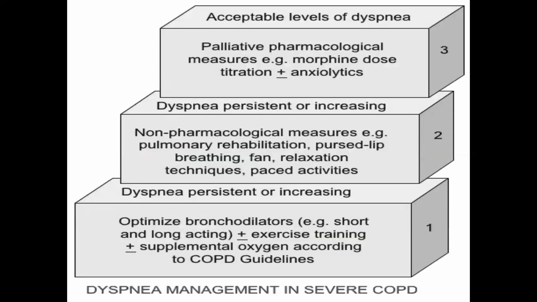We have an algorithm similar to the WHO algorithm for pain, and you can see here it starts with optimizing bronchodilators, then add non-pharmacological techniques such as fan, relaxation techniques, pursed lip breathing, and paced activities, which means you should teach the patient to pace their activities according to their capacity.